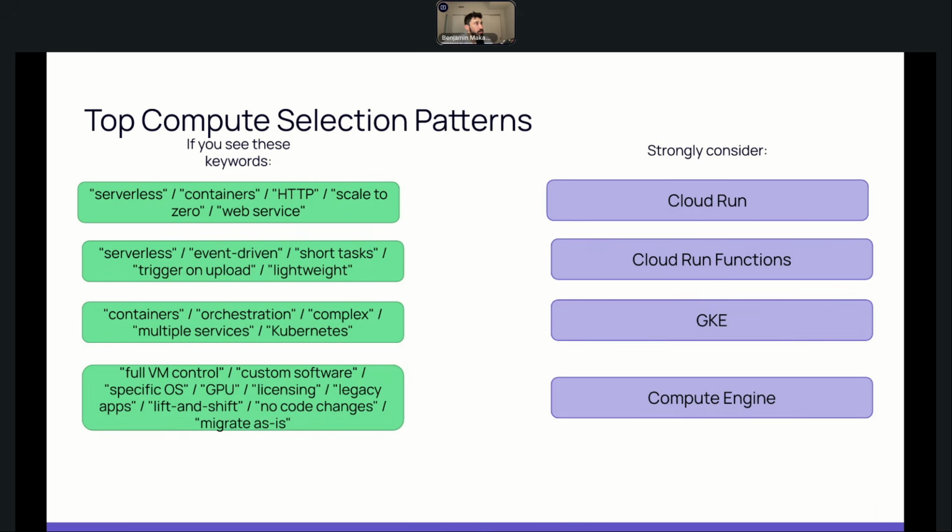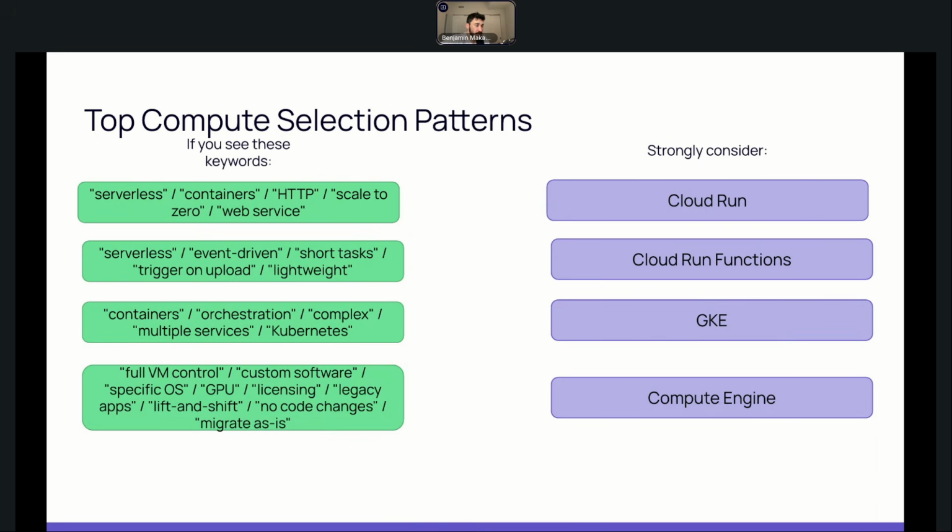Containers, orchestration, complex, multiple services, or Kubernetes, that would probably point toward GKE. And then Compute Engine is infrastructure as a service, where you get access to different types of VMs, like the bare metal offering.